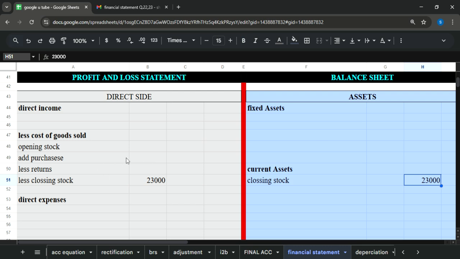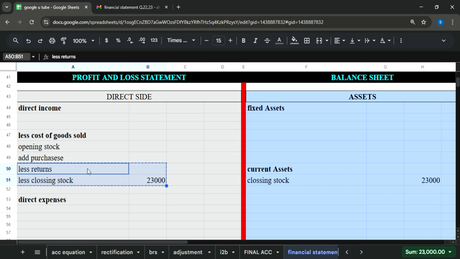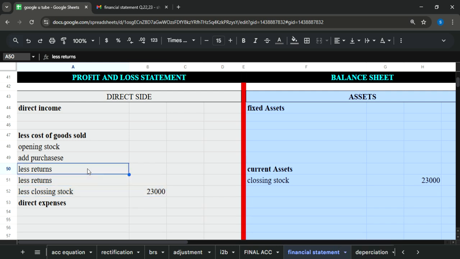First of all, you will go over here and we need a little space, so let's transfer it over here. And since it's a loss, you will mention loss of stock by fire, because the entry for loss is a credit to purchases. Purchases we usually write on the debit side, and when it is on the credit side it means it's decreasing.